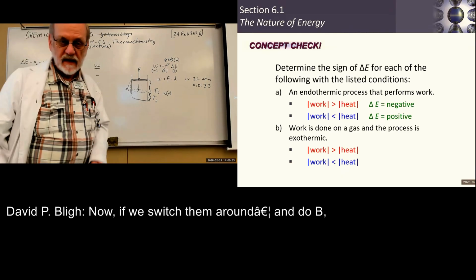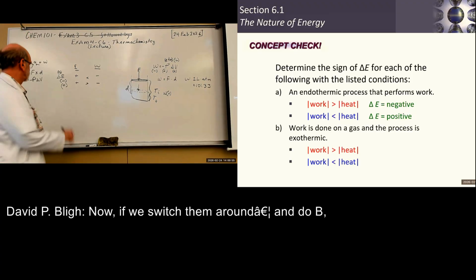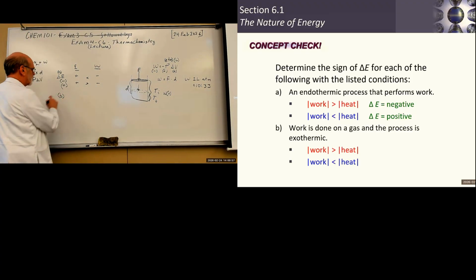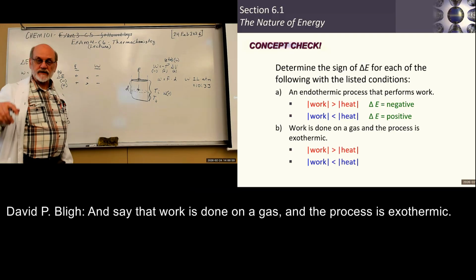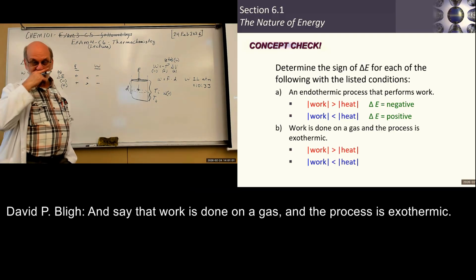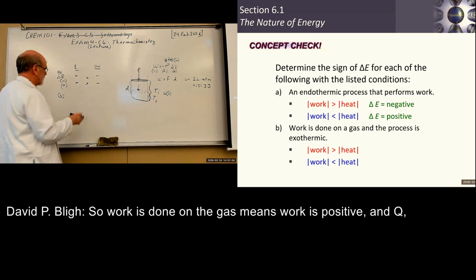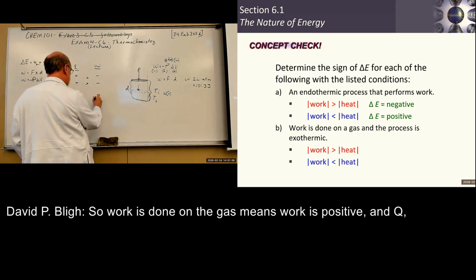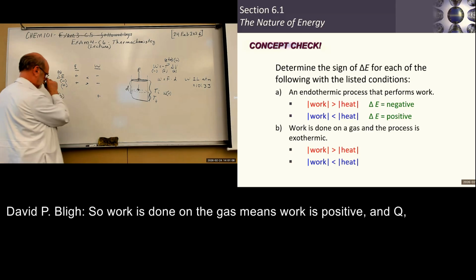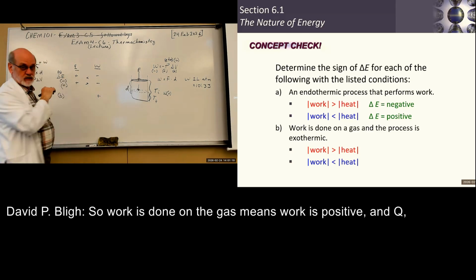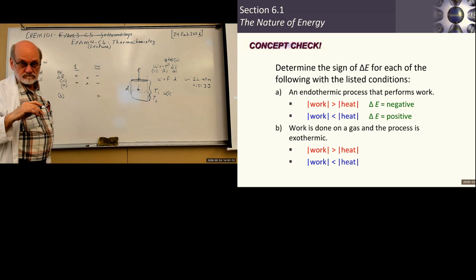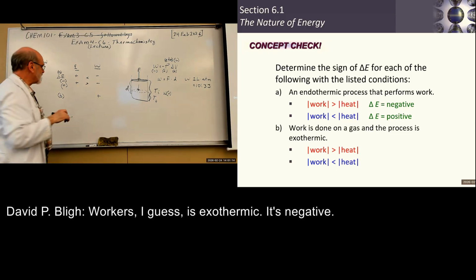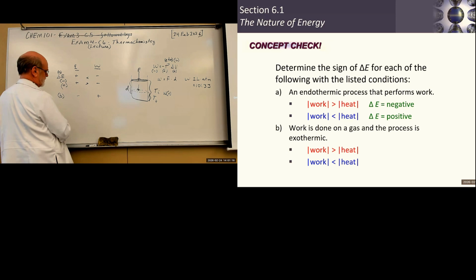Negative, positive. Now, if we switch them around and do B and say that work is done on a gas and the process is exothermic. So work is done on the gas means work is positive. And Q, since the process is exothermic, is negative.